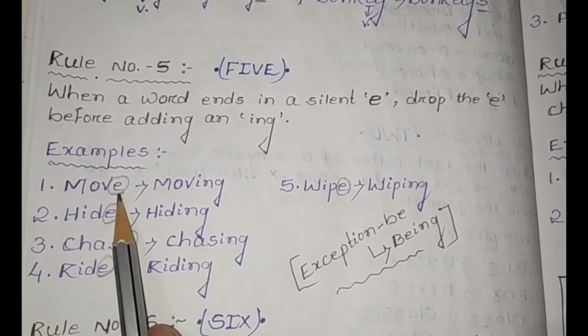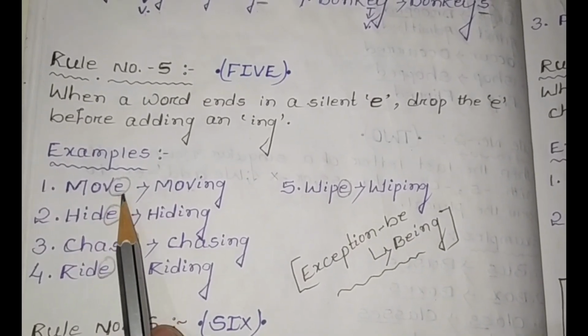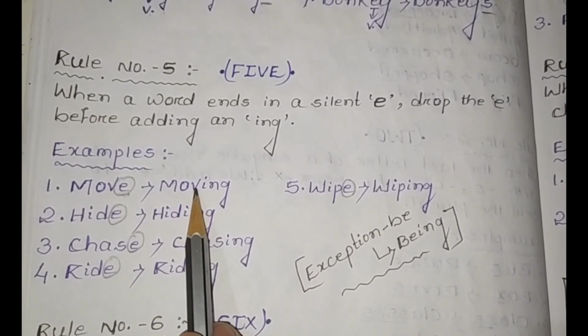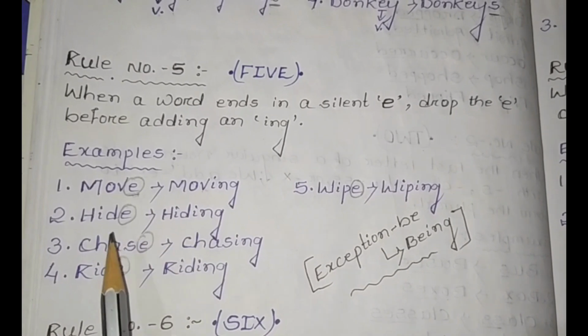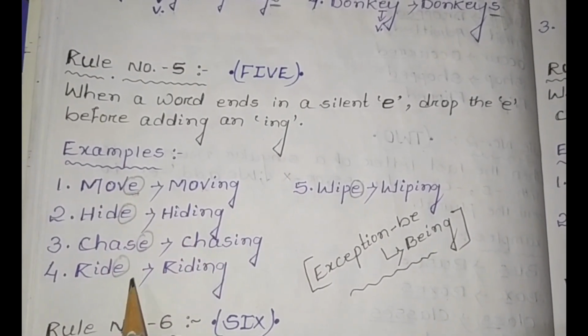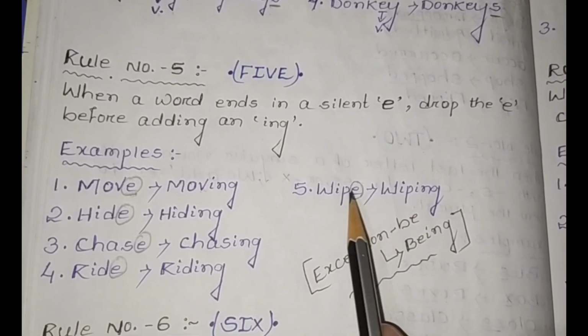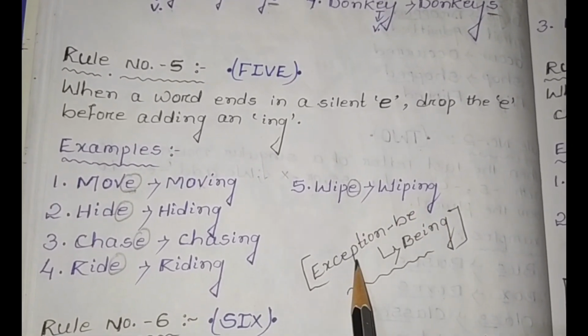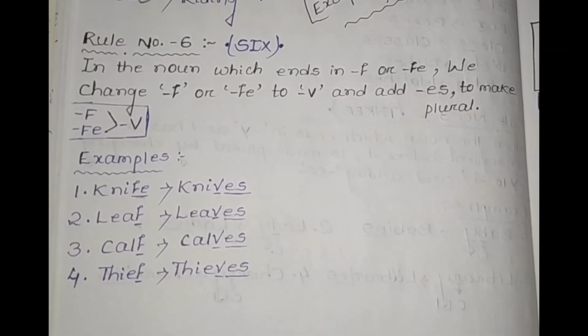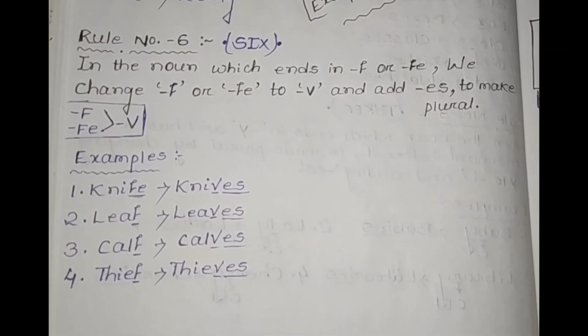So here e is silent, so we should drop the e before adding ing. So move, moving. Then hide, hiding, chase, chasing, ride, riding, then wipe, wiping. But exception: be, being. Clear?